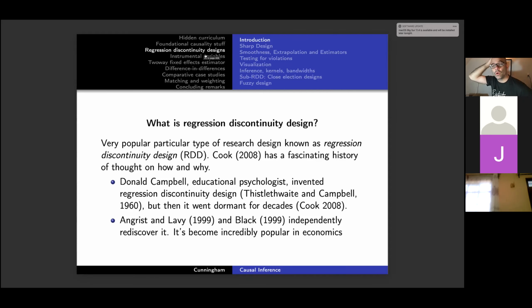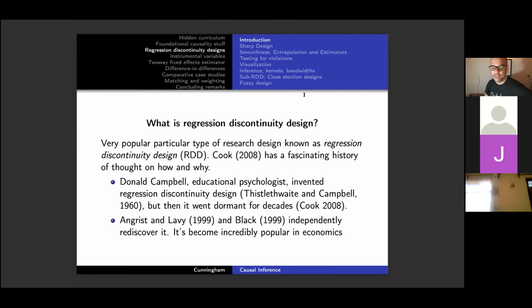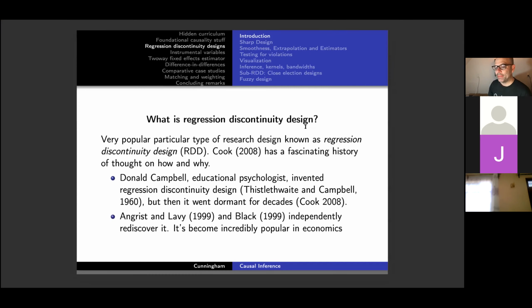It's in the applied world, by very prominent economists Josh Angrist and Victor Lavy in their Maimonides rule paper in the Quarterly Journal of Economics, and Sandra Black's dissertation and job market paper on schools and the value of schools as it relates to children's educational quality. So it became incredibly popular after that.